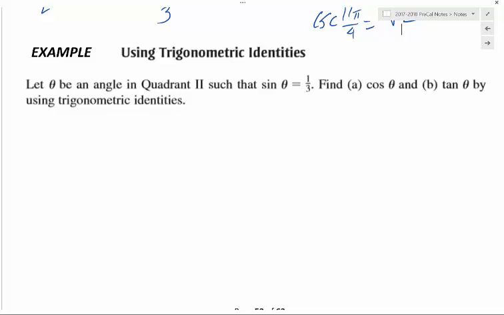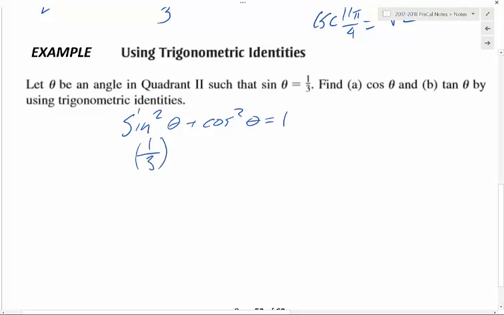Pythagorean identity that says that sine squared of theta plus cosine squared of theta equals 1. So I'm going to have 1/3 squared plus cosine squared theta equals 1. So I'll get 1 over 9 plus cosine squared theta equals 1.